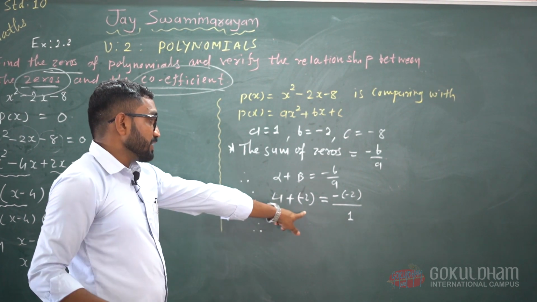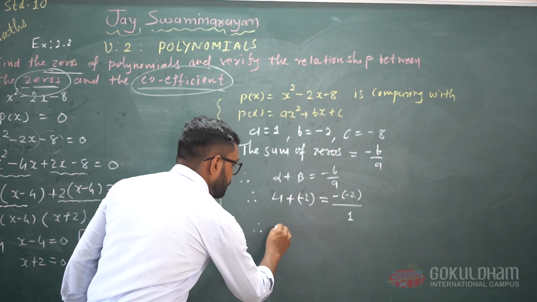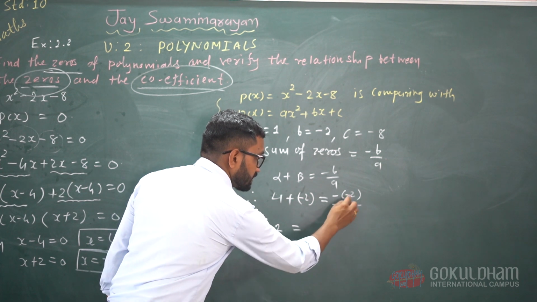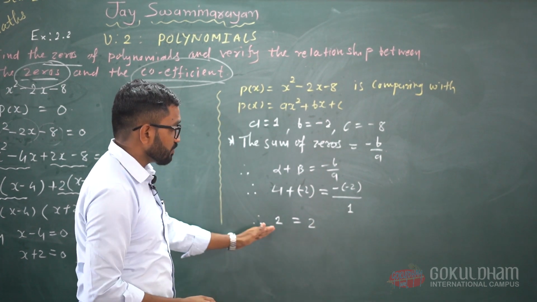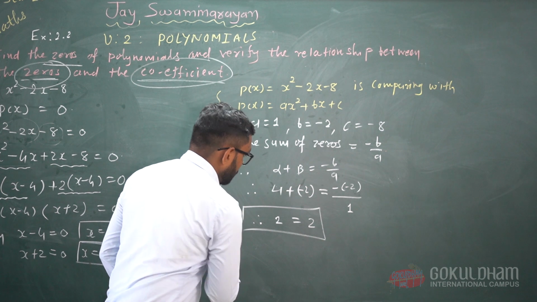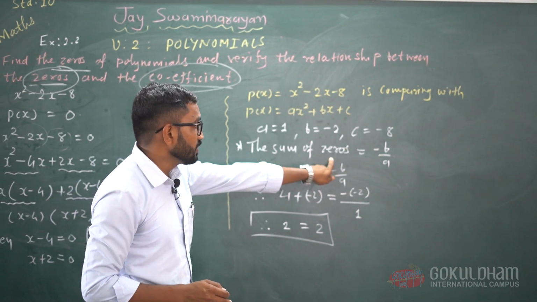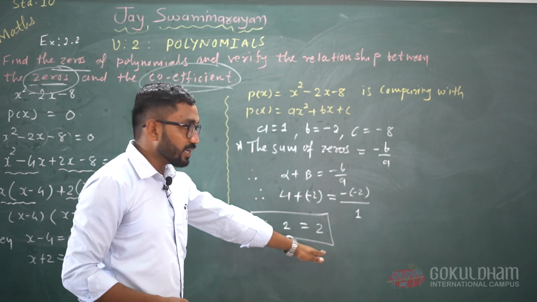Therefore 4 plus minus 2 equal to 2, and minus b by a is also 2. Here both are the same, so our first relation is justified.